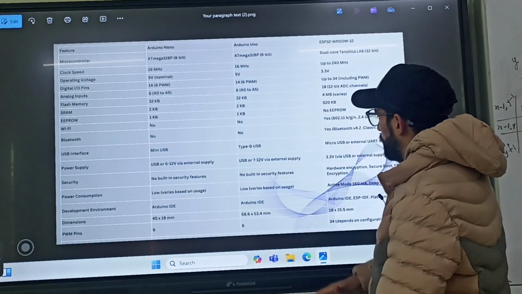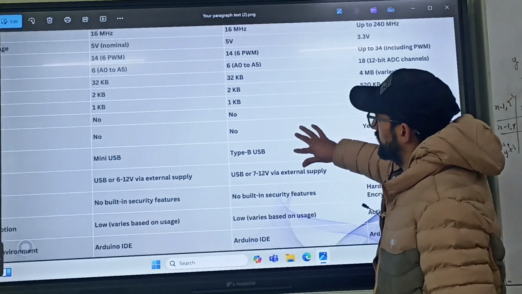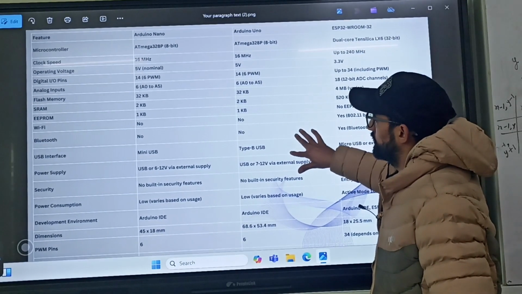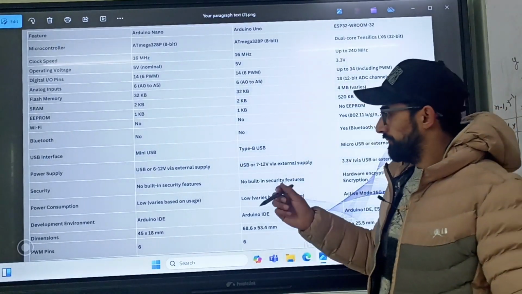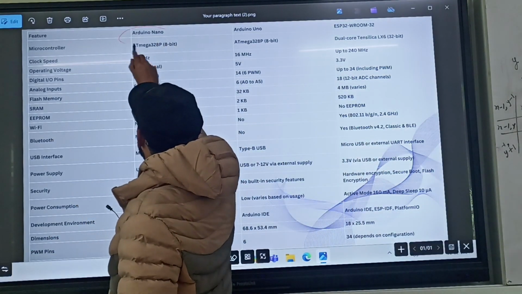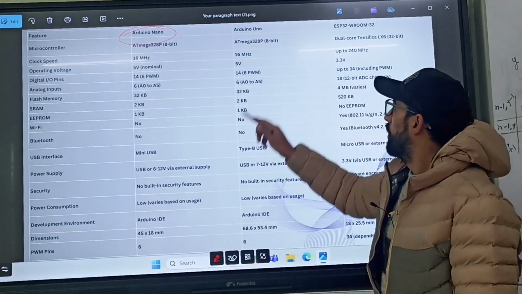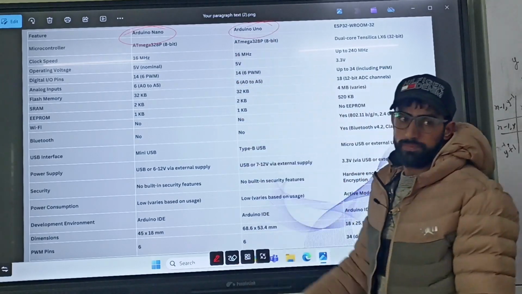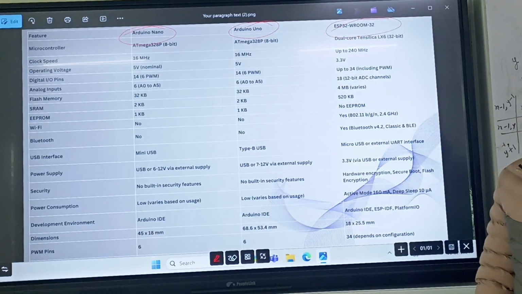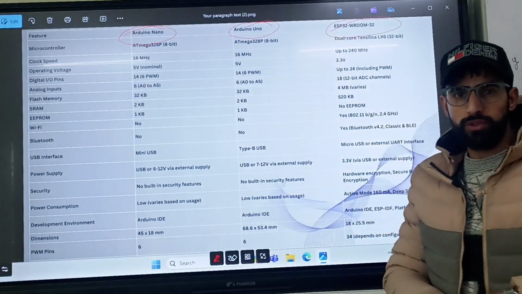So what are the main differences between these microcontrollers? We will discuss that here.